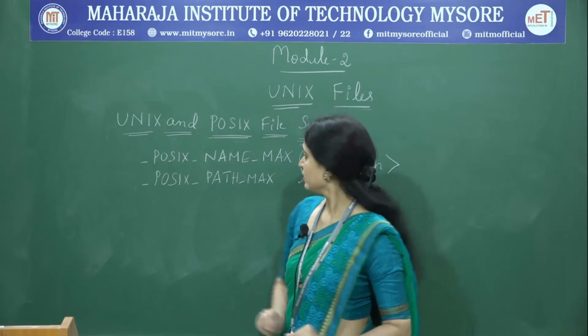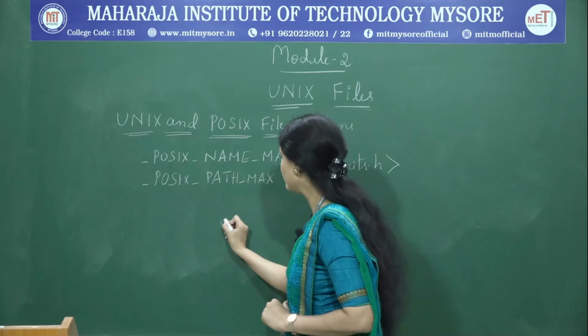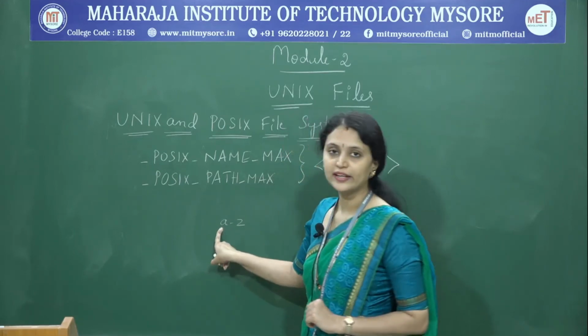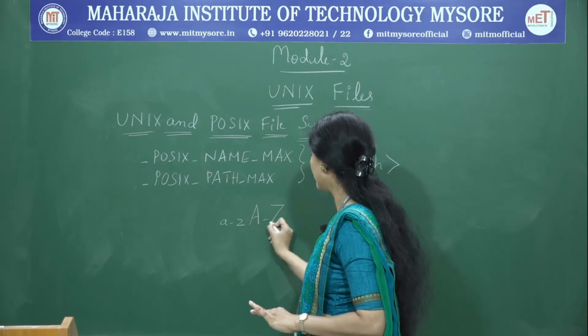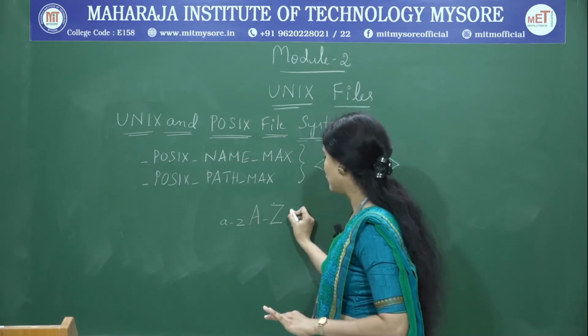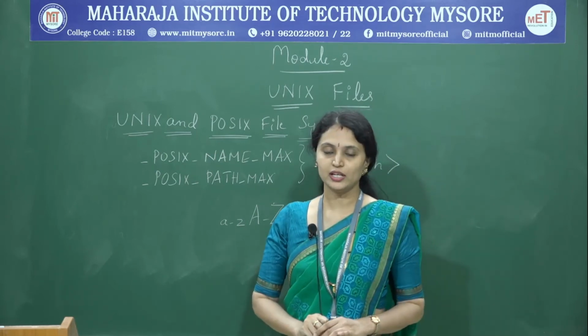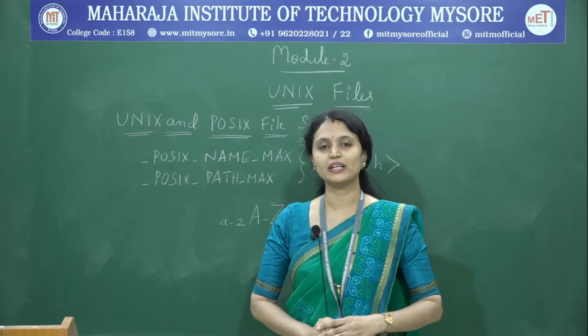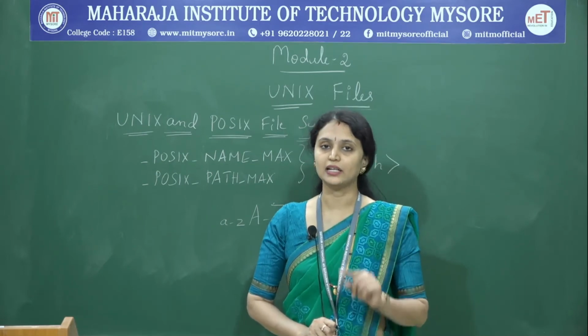Generally the file name can be chosen from these characters: lowercase a to z, capital A to Z, or digits 0 to 9. Similarly, a path name could be a hard link, which can be represented by the hard link.